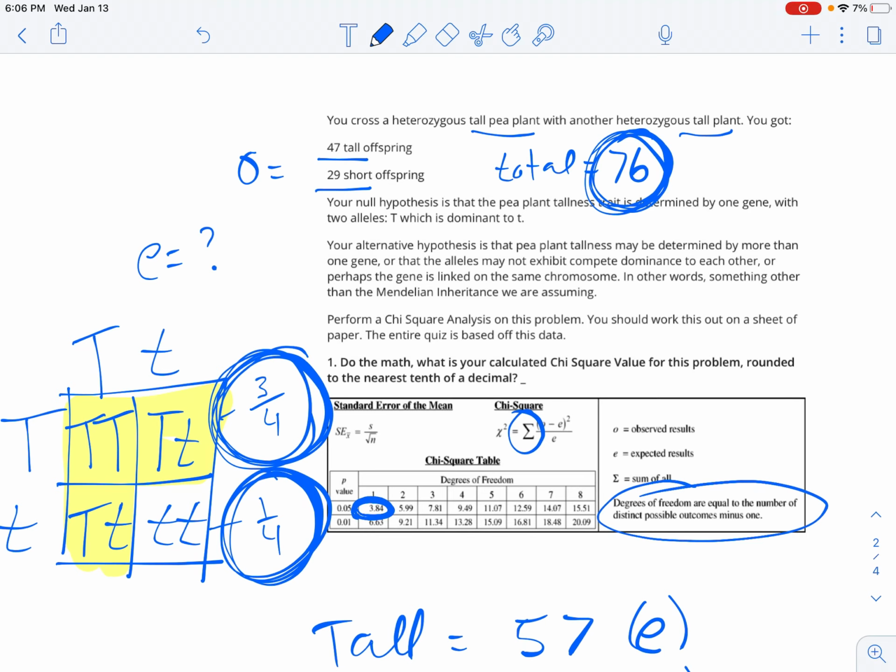If our number is less than that, then we have a very small amount of deviation, and our null hypothesis is true or accepted, or you could say you can't reject it. But our value is higher than that, and so we'd have to come up with an alternative hypothesis, like the genes may not be completely dominant to each other, or maybe I did the wrong cross, or something else is going on here.